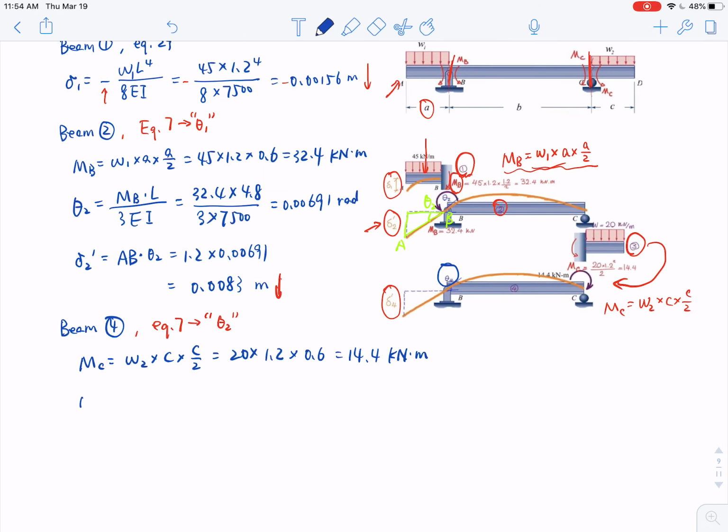Then theta 4, as we said, we'll calculate using equation 7's second equation: theta 4 equals MC times L over 6 EI.